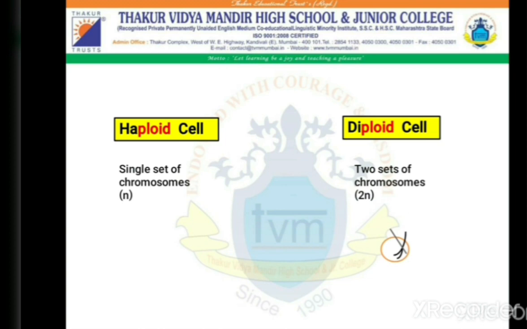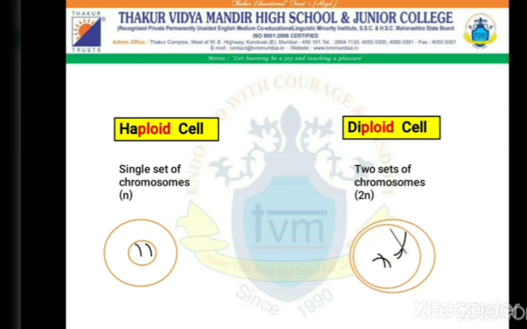Now this haploid and diploid cell can be understood with the help of this diagram. In the first diagram, you can see a single set of chromosomes is present, so it is called a haploid cell. Whereas in the next diagram, we can see two sets of chromosomes are present, so it is called a diploid cell.